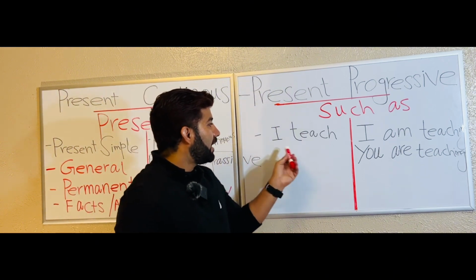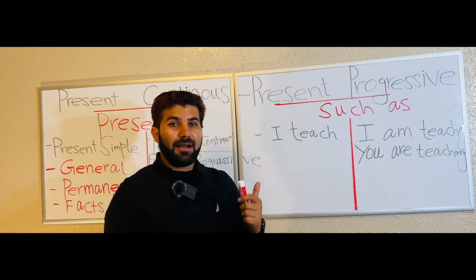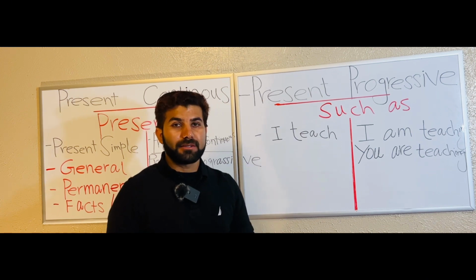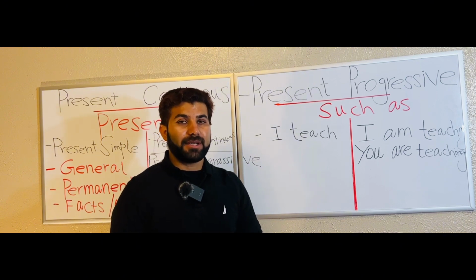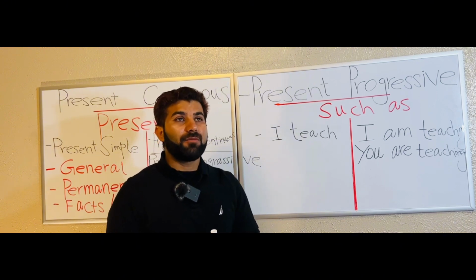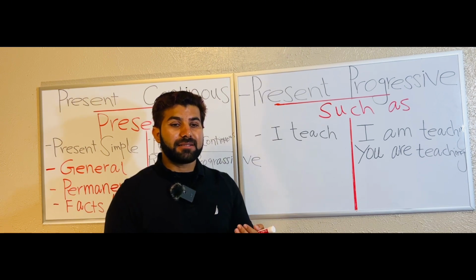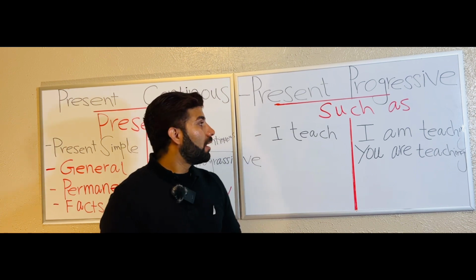For example, if I say I teach, it means this is simple present tense or present simple tense, and this action is happening always, means I teach always. This is not my temporary action. So if I want to use simple present tense, it means an action is happening always.